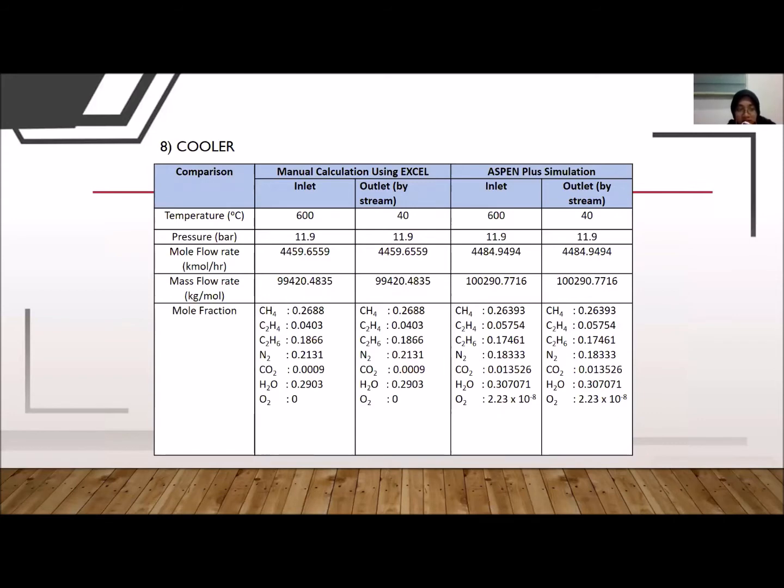In the Excel calculation, we assume that the oxygen was fully reacted with methane during the combustion process in the oxygen reactor. So there was no oxygen composition in this cooler unit. This leads to slightly different values of mole and mass flow rate for both inlet and outlet.